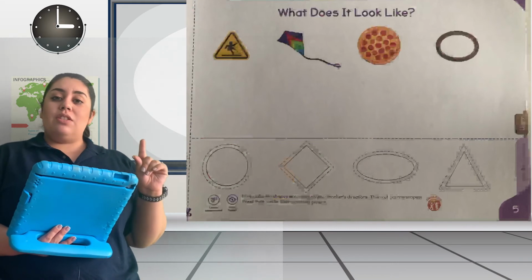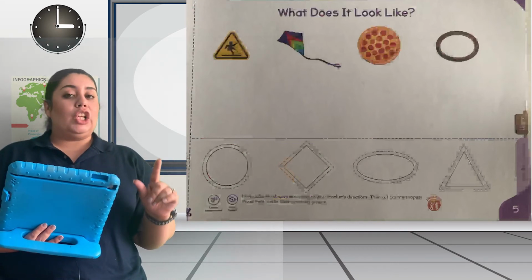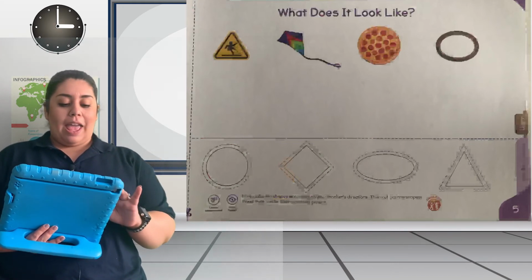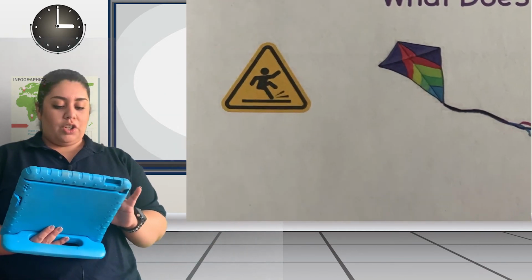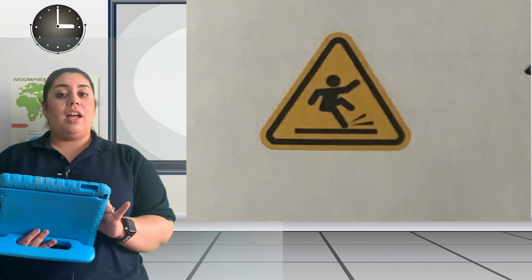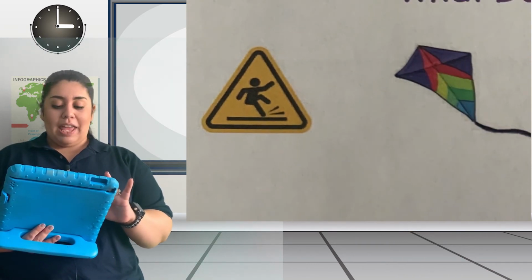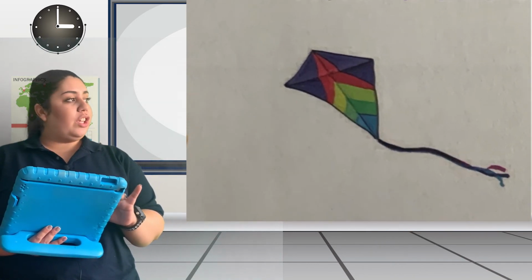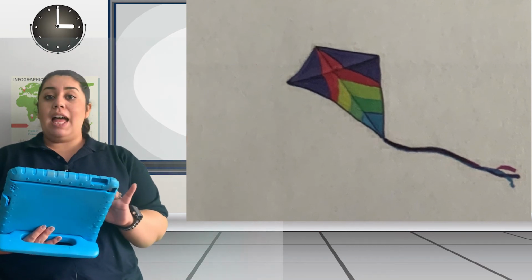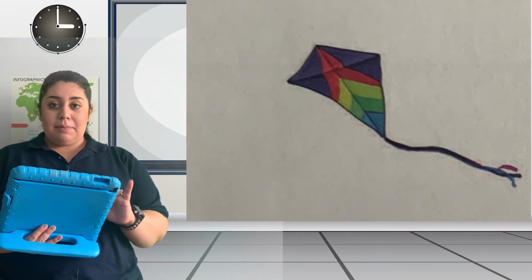But the title says, what does it look like? We have this signal over here with the shape of a triangle. And then we have this kite over here with the shape of a diamond.